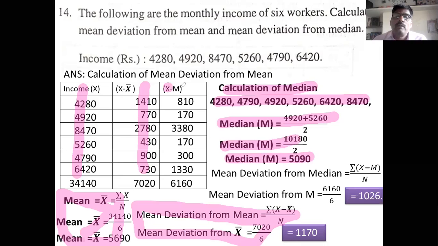Then take the total. After taking the total, you write the equation, apply it and ascertain the value. This is the method of calculating mean deviation from mean and mean deviation from median.